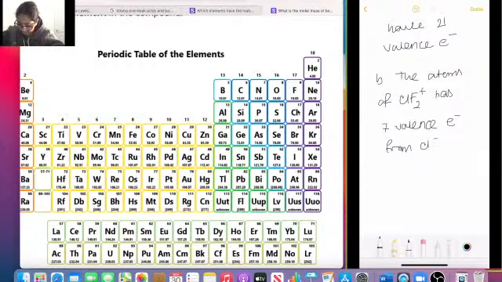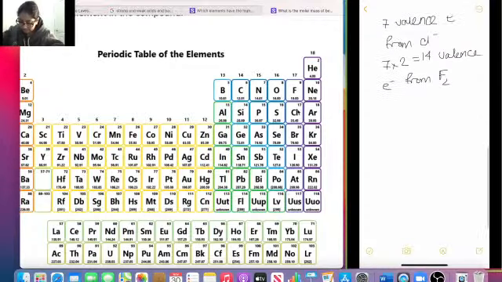right? 7. Since we have 2 fluorines in this case, we're gonna have double the amount of valence electrons. So we have 7 times 2, which is equal to 14 valence electrons from F2, okay?